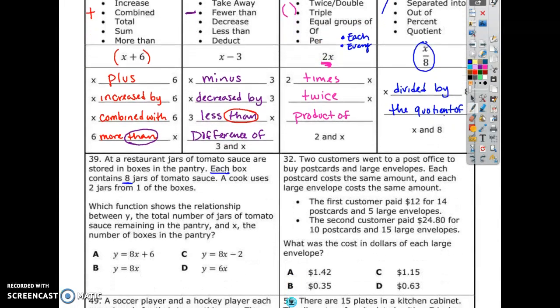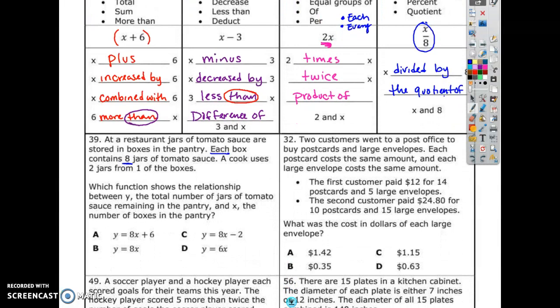So the 8 is going to be multiplying by the x, right? 8x, not 6x. And it says that they use 2 jars from one of the boxes.